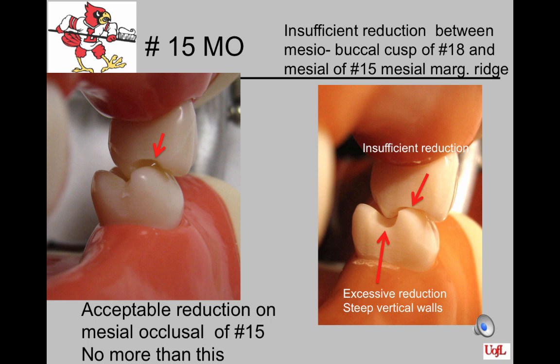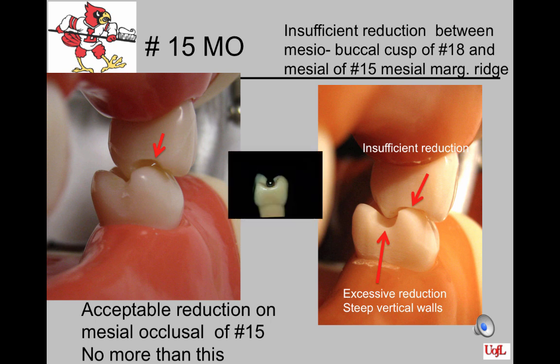The fossa on the rest is reduced at least 1 millimeter. The rest is spoon-shaped and has no steep walls that create guiding planes for the prosthesis. The fossa is deeper than the marginal ridge to create a positive support so that you could sit a baby on top of that rest and it would not roll off.